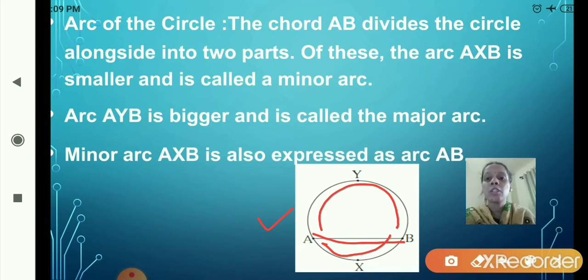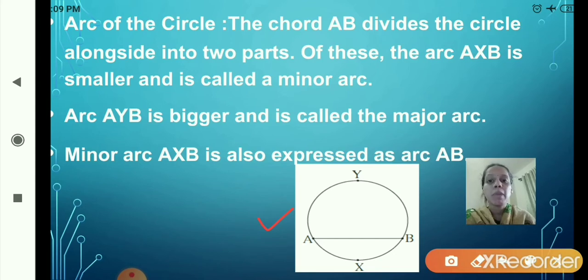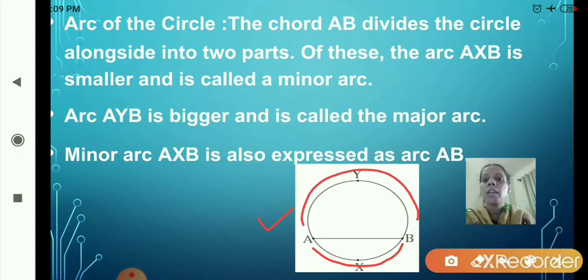Because of the chord, the circle is divided into two parts and we get two arcs, the smaller arc and the bigger arc. The smaller arc is called the minor arc and the bigger arc is called the major arc. So in this, arc AXB is the minor arc as it is smaller, and arc AYB is the major arc as it is the bigger arc.